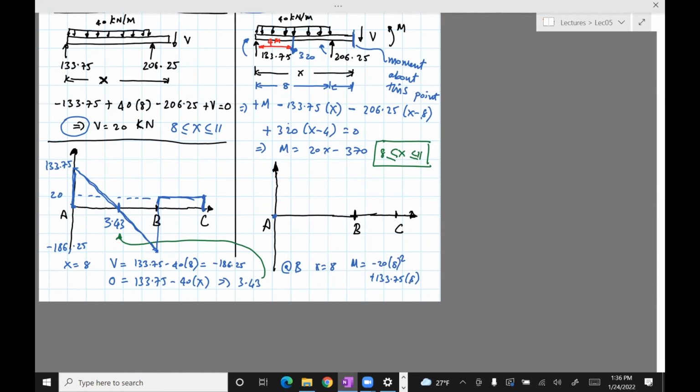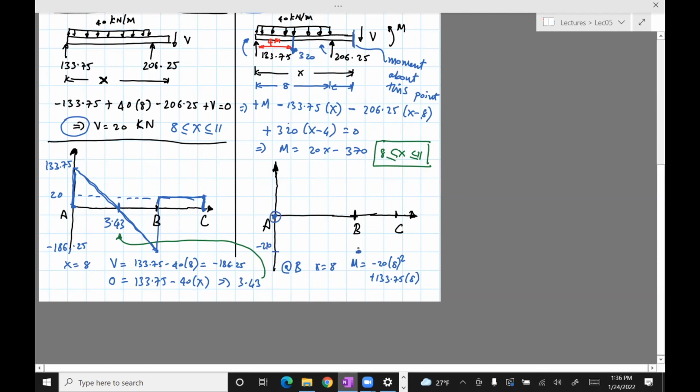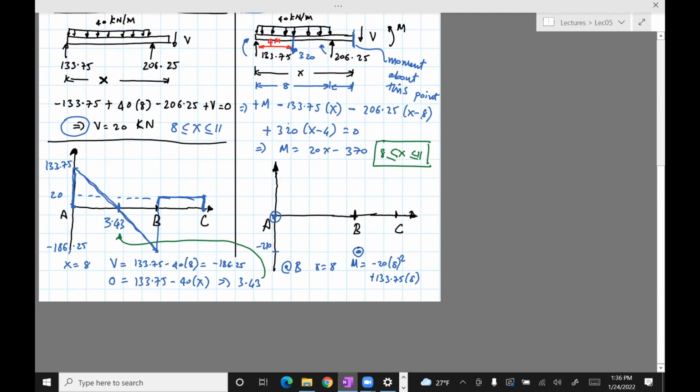That comes out to be minus 210. Okay, so we have this point, and then the question is, how do you connect the two?